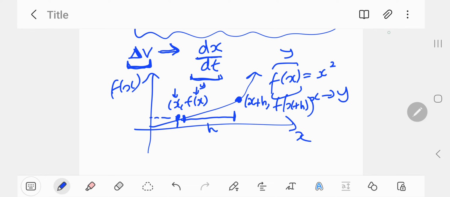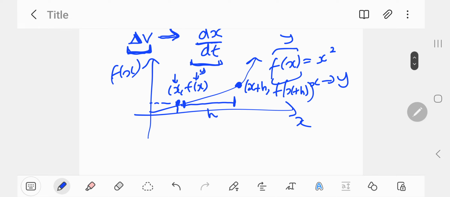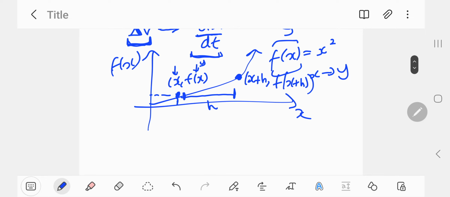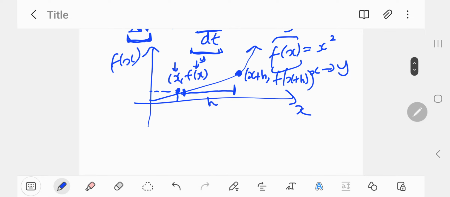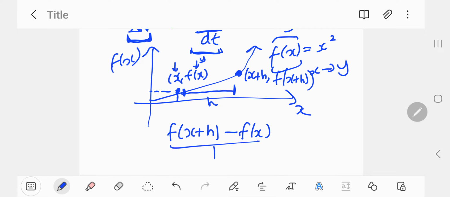That's our new point. So let's now suppose that we want to determine the rate of change of this shift, in h, for this function. How would we do this? Well, the starting point will be to first work out the ratio of the change in y values over the change in x values. So f of x plus h minus f of x, over h.